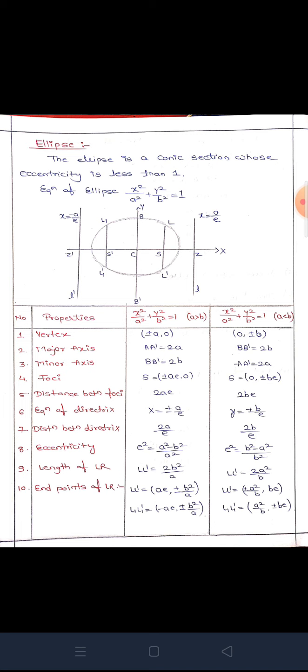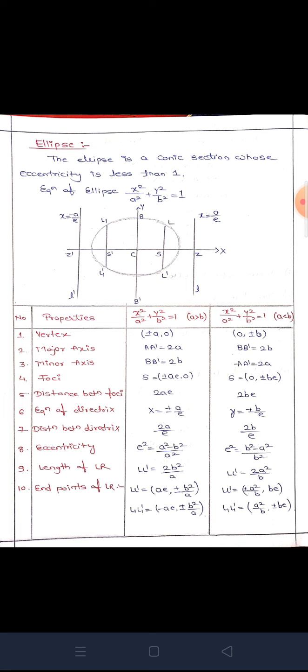End points of the latus rectum are (ae, plus or minus b squared divided by a) and (minus ae, plus or minus b squared divided by a). These are the properties when a is greater than b.